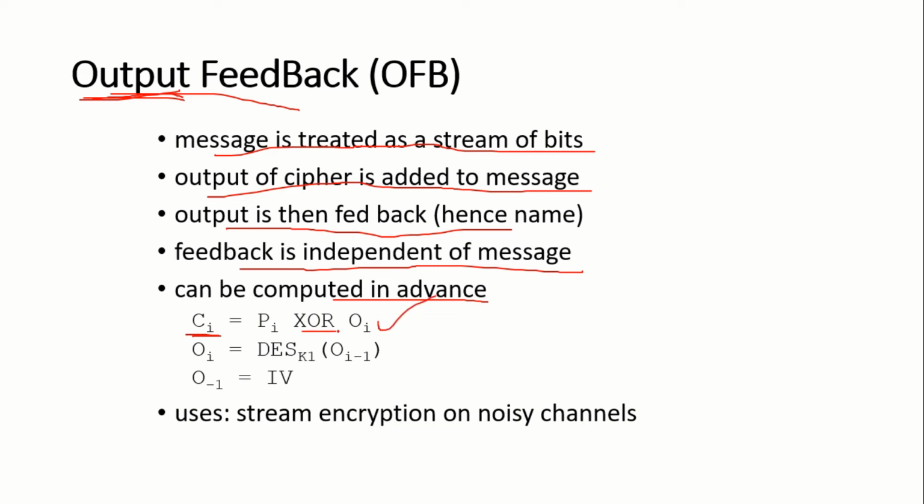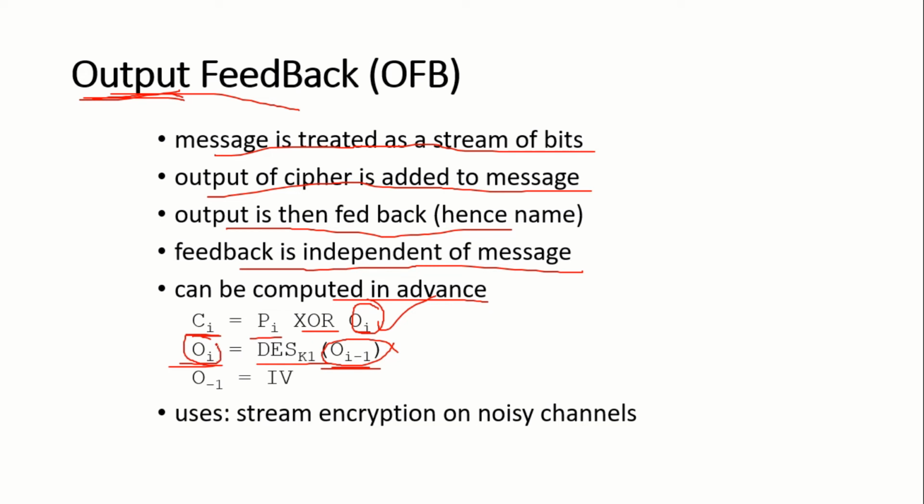We XOR the output and the plain text, and the output will be the value of the previous block. In the first stage, this will be the initialization vector again, and we will be applying the key, and as a result we'll be getting the output.